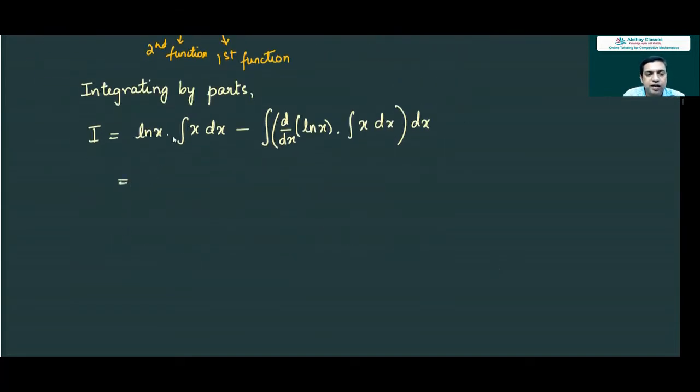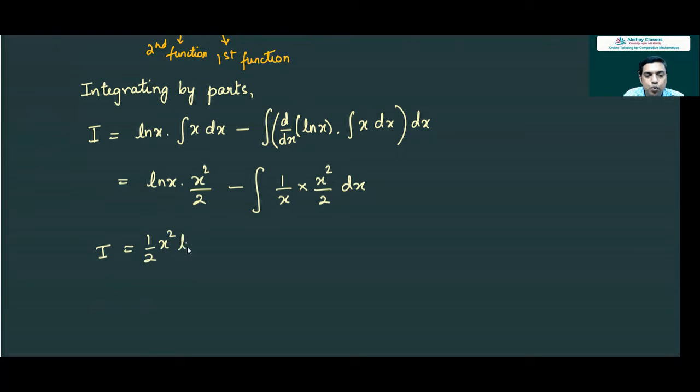So we get log x into x square upon 2 minus integral of derivative of log x, which is 1 upon x, and integral of x, which is x square upon 2. So this makes it easy. So I is half x square log x minus half integral x dx.